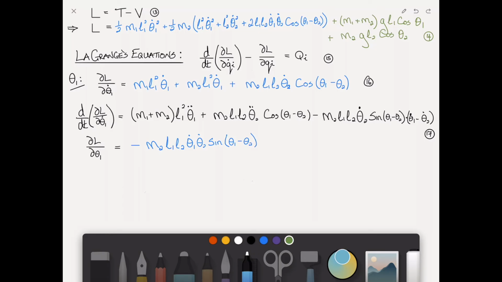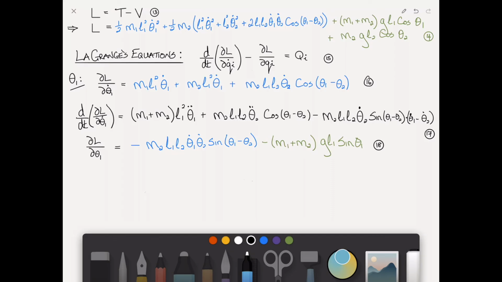And then from the green part, from this part here, we get minus m1 plus m2 times g L1 sine of theta 1. Okay, and that is equation 18.